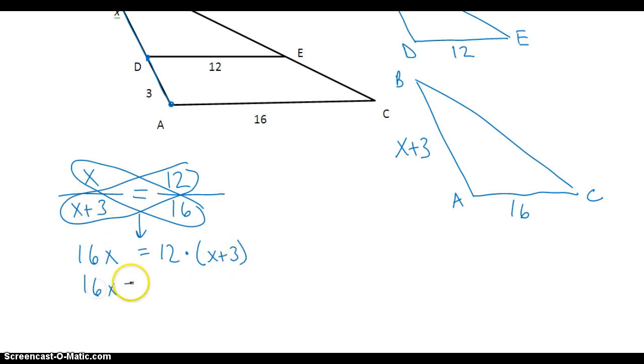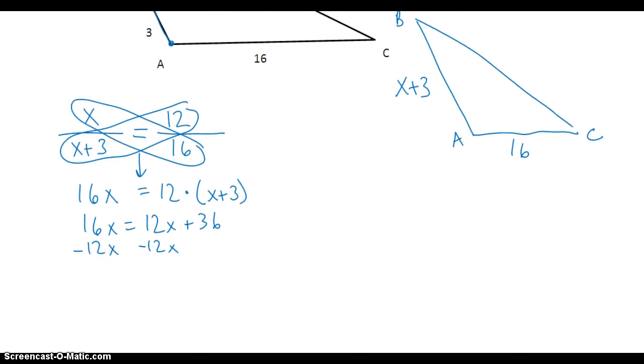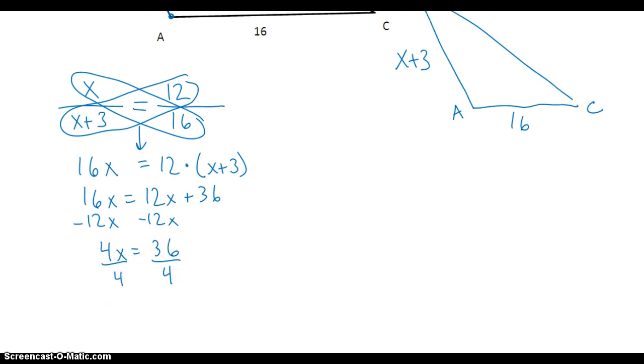So I get 16x equals 12x plus 36 after I distribute. Subtract 12x from both sides. 4x equals 36. Divide by 4. And I get x equals 9.